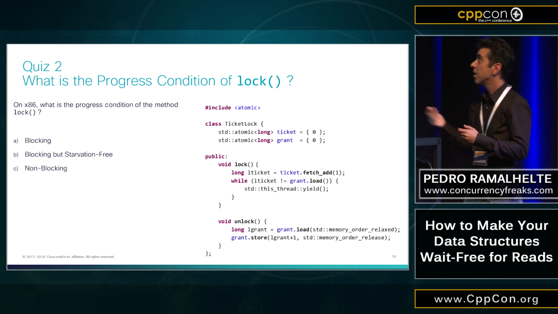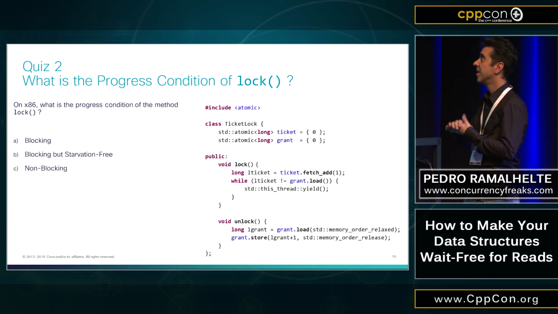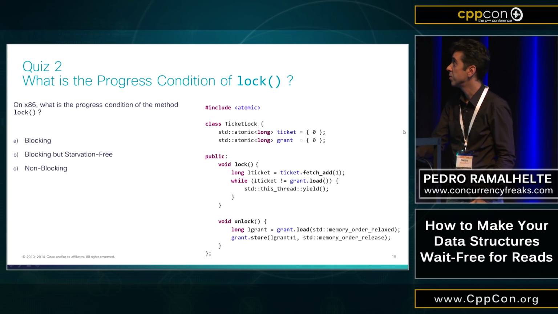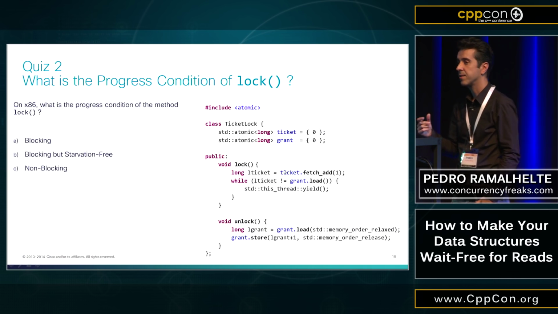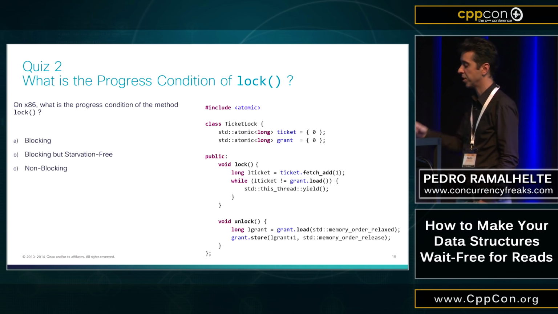An example of a lock that may or may not be starvation-free is here. This is actually called the ticket lock, so for those who know locks, the answer to this one will be very easy. Basically we have two variables, two atomics, and the first thing we do is a fetch and add on the variable ticket. This will give you a ticket, a numerical value that you keep.